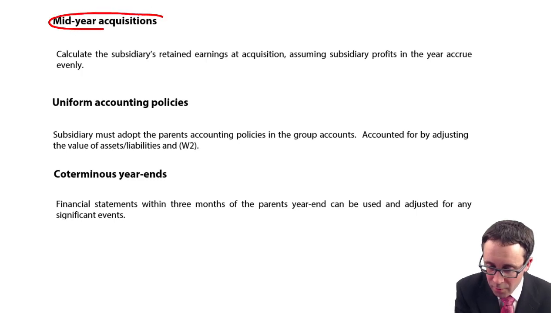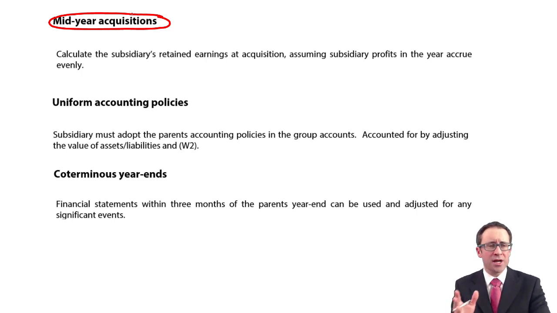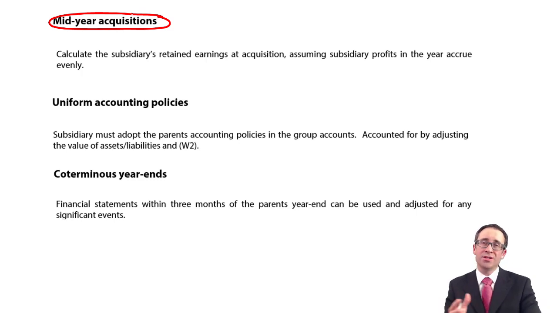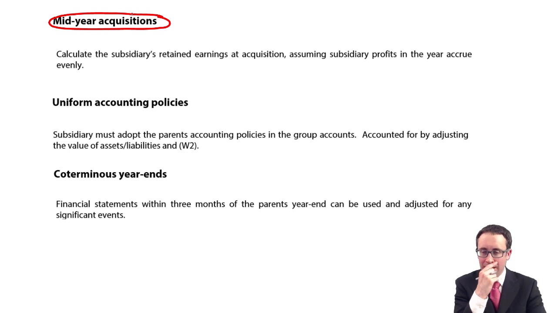So when you're looking at the acquisition of a subsidiary, I think in all the examples we've seen so far, it was either required at the start of the year or at the end of the year. So to work out the retained earnings at acquisition is really straightforward, because you will have prepared a statement of financial position at the end of the year or at the start of the year, which is last year's closing retained earnings.